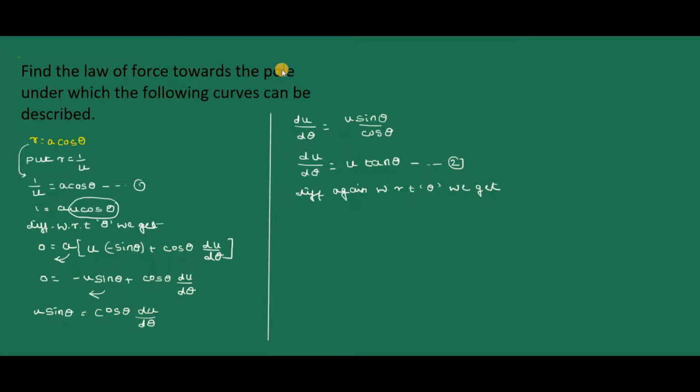We get d square u divided by d theta square is equal to, you have to use the product rule here. u as it is, differentiation of tan theta is sec square theta, plus tan theta as it is, differentiation of u with respect to theta is du divided by d theta.